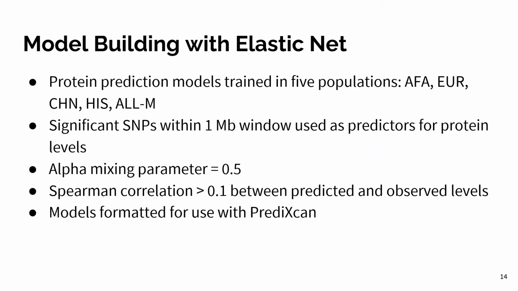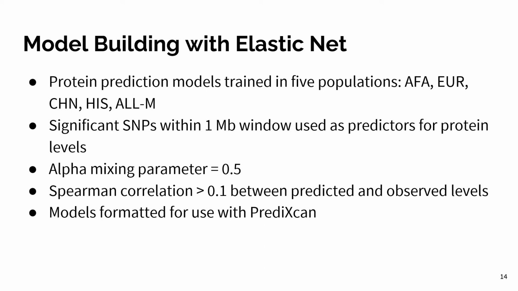So the prediction models that we built were built using ElasticNet. They were trained in the 5 different populations, so each of the 4 populations separately, and then an ALL MESA population with all 4 of these MESA populations together. And these prediction models included significant SNPs only within a 1 megabase window to be used as predictors for protein levels.